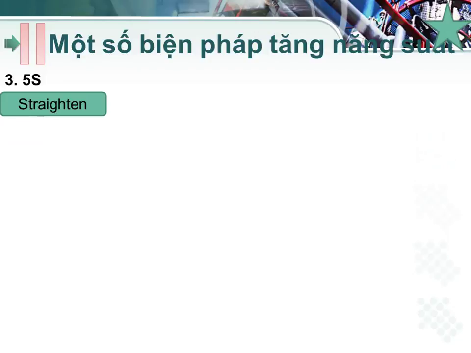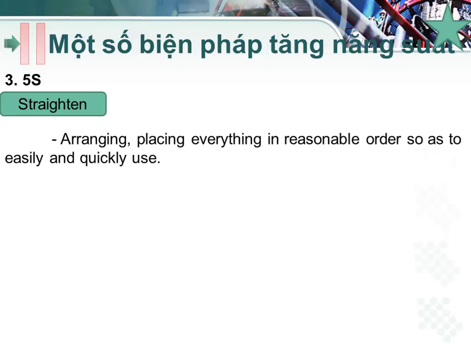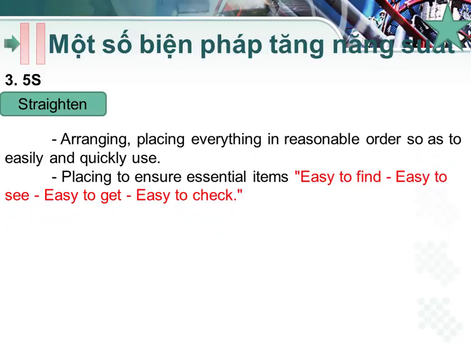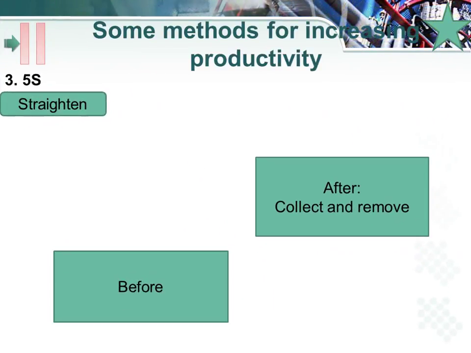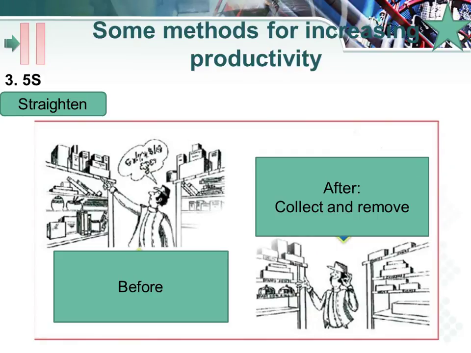The second S, straighten. The definition is arranging, placing everything in reasonable order so as to easily and quickly use. Placing to ensure essential items are easy to find, easy to see, easy to get, and easy to check. The example of straighten. The first picture is before organizing.